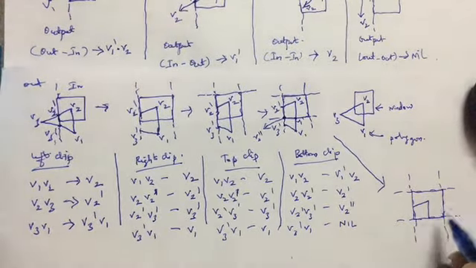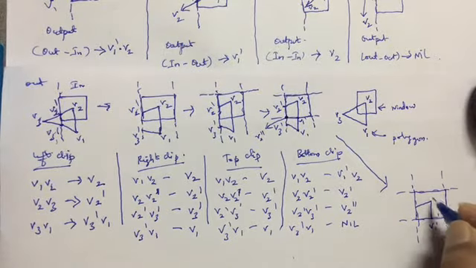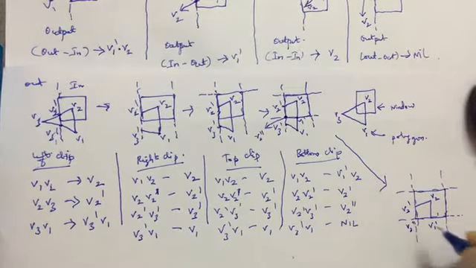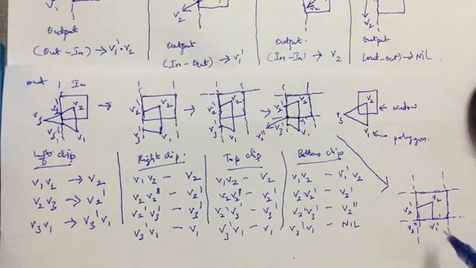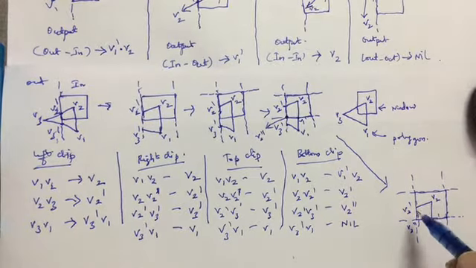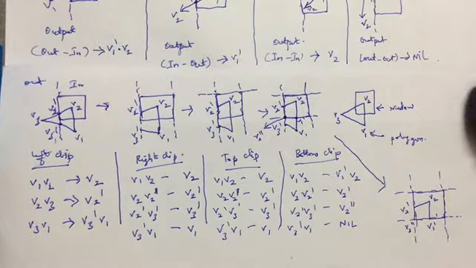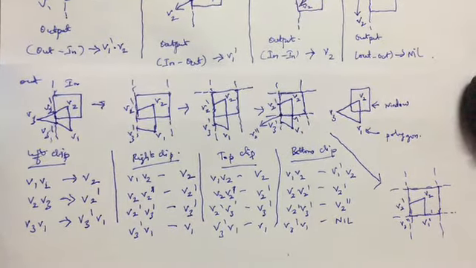This will be the output. We will name V1 dash, V2, V2 dash, V2 double dash. So edges will be 4: V1 dash, V2, V2, V2 dash, V2 dash, V2 double dash, V2 double dash, V1 dash. Right? Thank you.